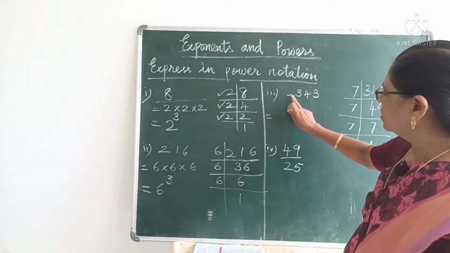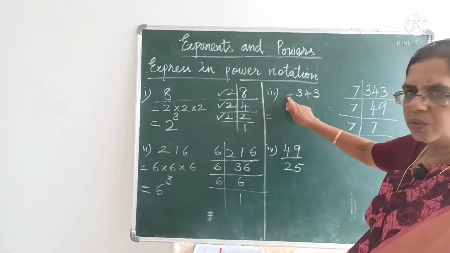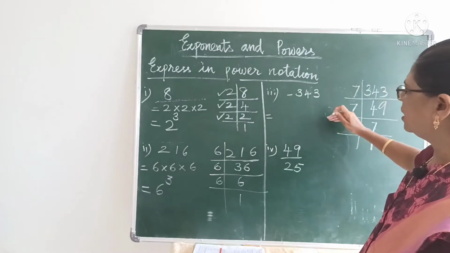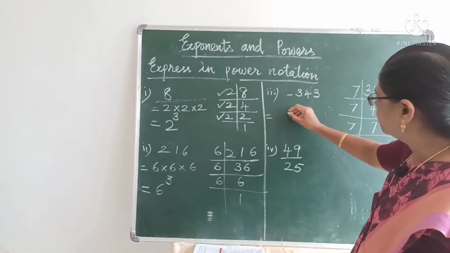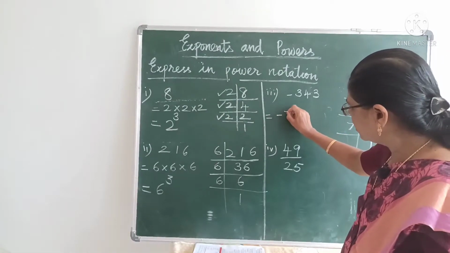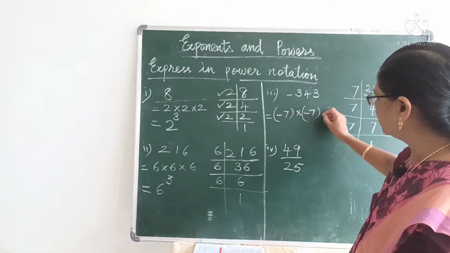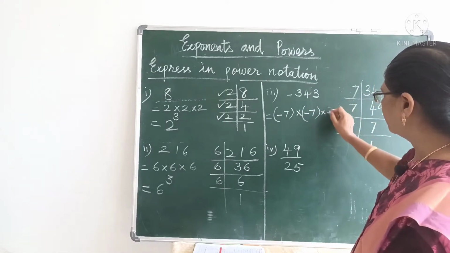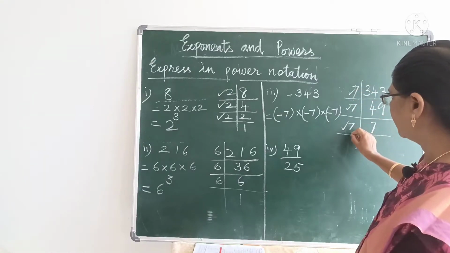Now this product has minus sign. So when you write it in power notation, you have to put it this way. Minus 7 into minus 7 into minus 7.